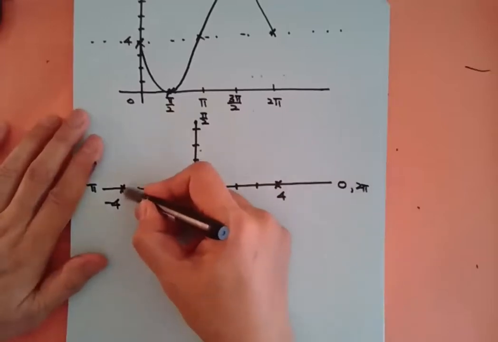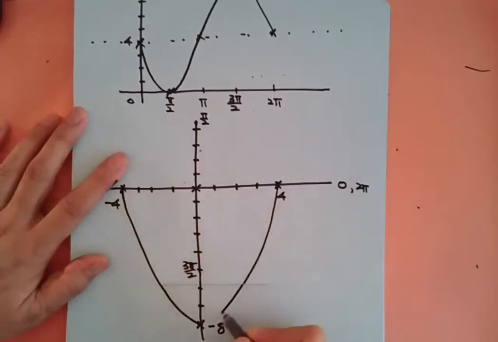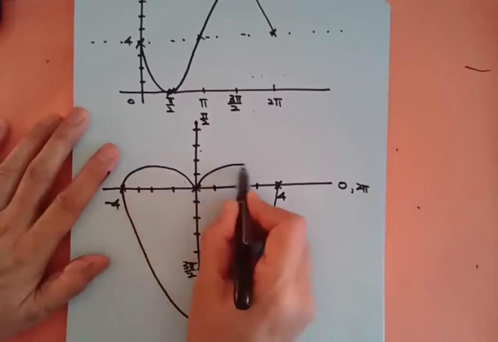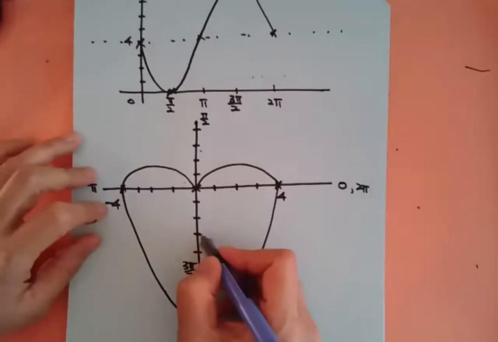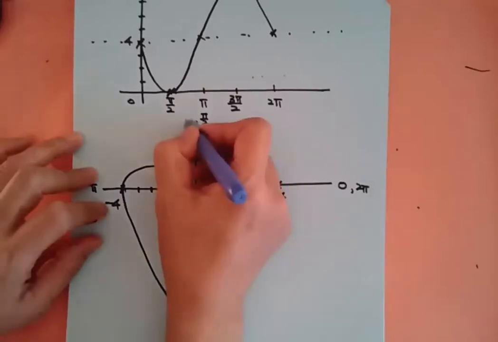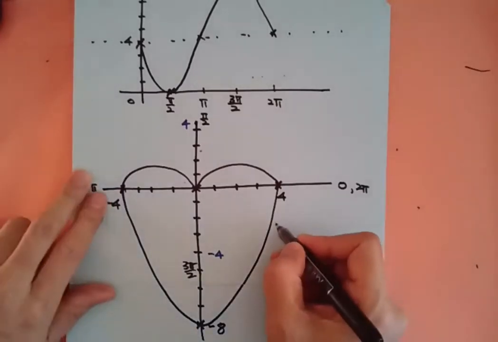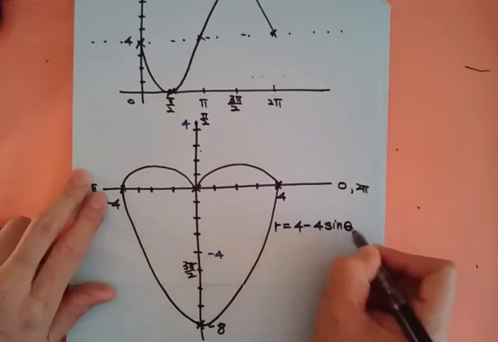How does it look like? It looks like this. So the equation for this is r equals 4 minus 4 sine of theta.